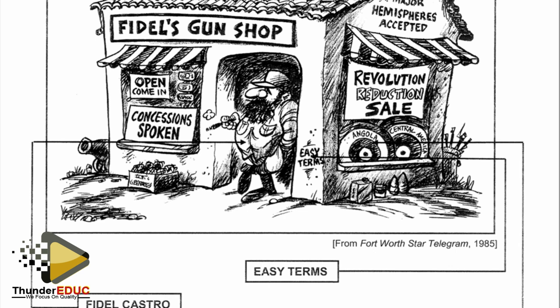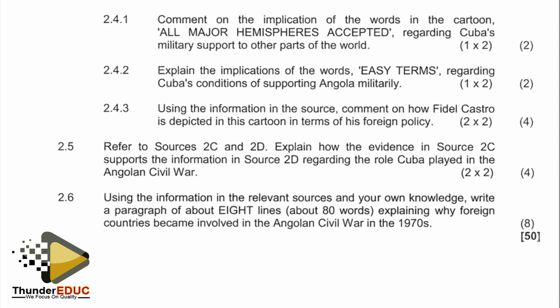Easy terms: when we are doing business, we need to put easy terms for effective transactions to take place. We do not need to put stringent measures. We need to relax some control measures to make transactions effective and easy. So this one is saying there are easy terms there. What is the implication of that?